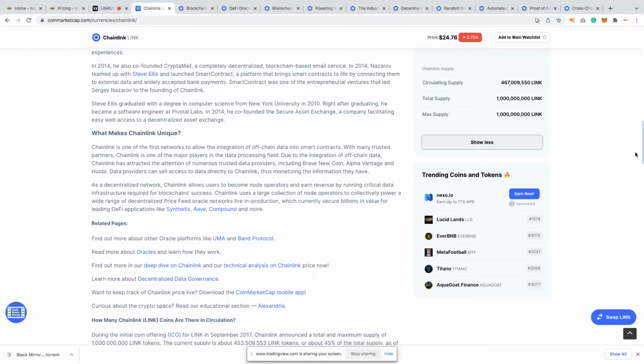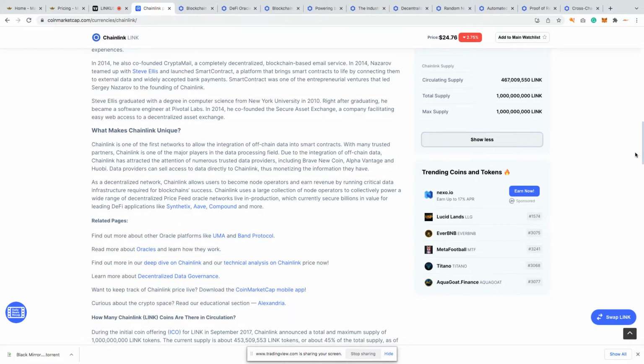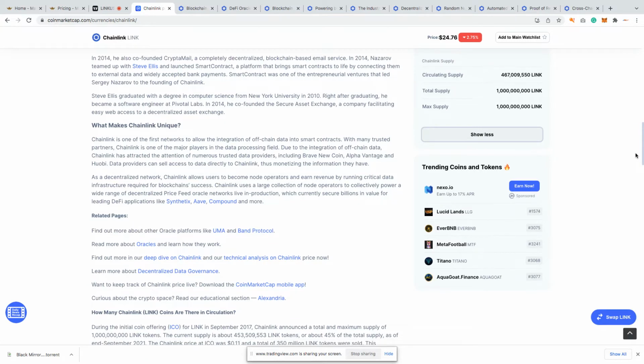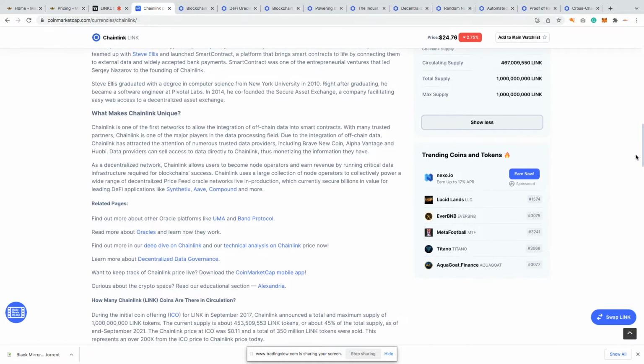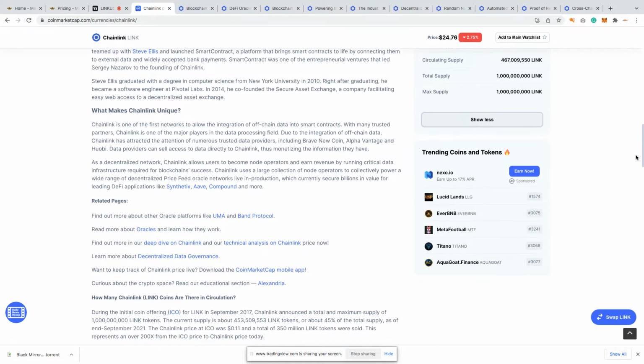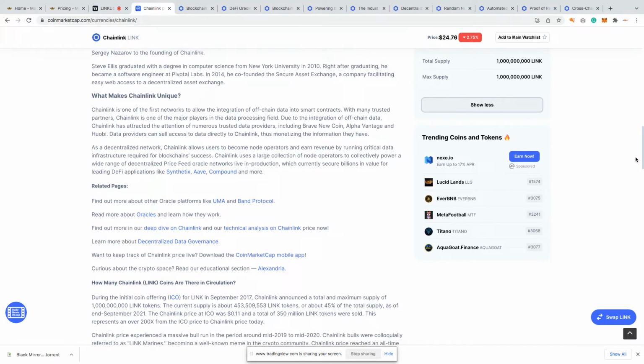Due to the integration of off-chain data, Chainlink has attracted the attention of numerous trusted data providers, including Brave New Coin, Alpha Vantage, and others. Now, data providers can sell data directly to Chainlink, monetizing the information they have. As a decentralized network, Chainlink allows users to become a node operator and earn revenue by running critical data infrastructure required for blockchain success.